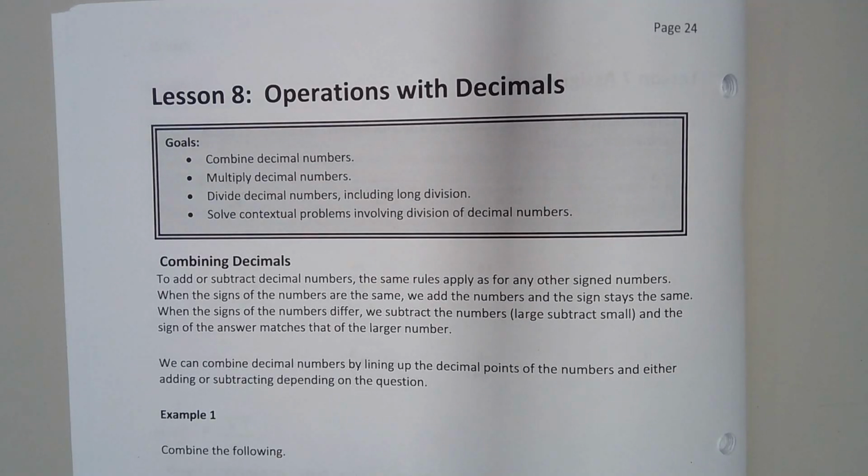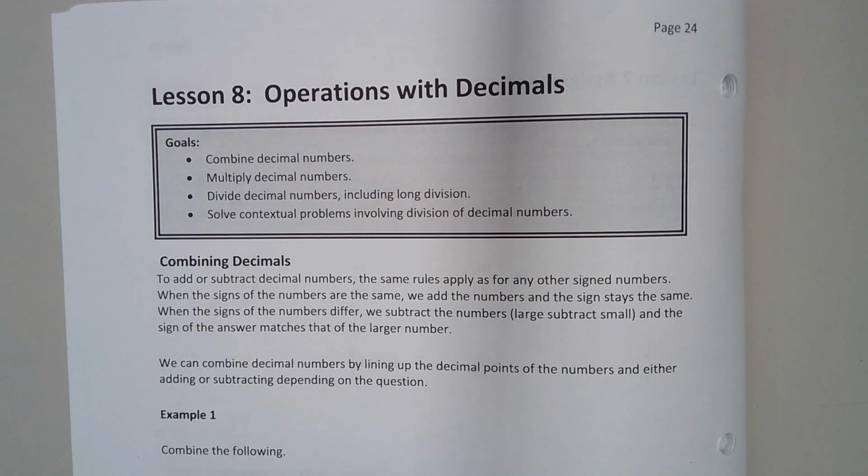When we're talking about decimals and operations using decimals, we're just going to use our calculator to do the basic calculations. So we're not going to do multiplication with the decimals and all that stuff by hand.